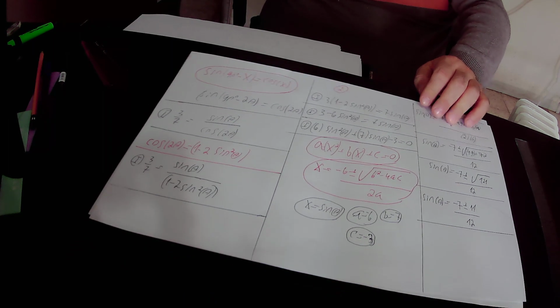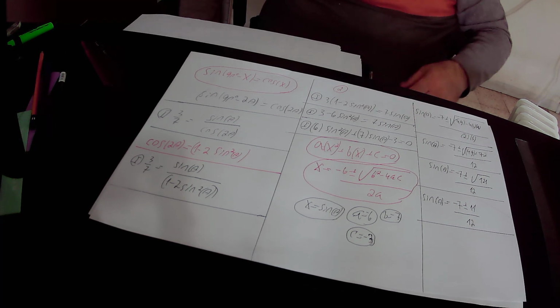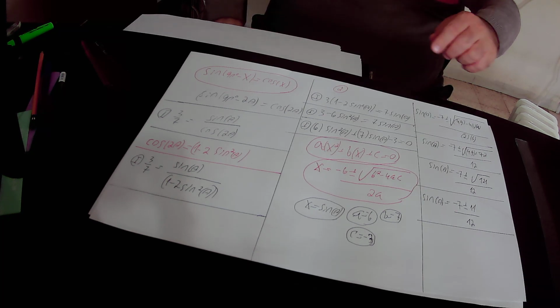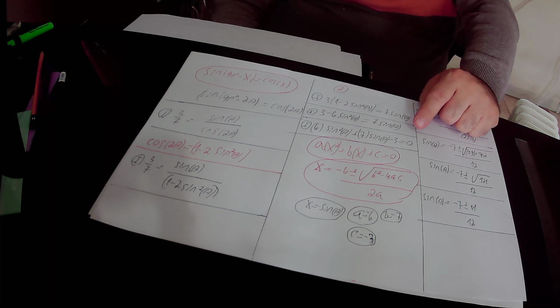Here we added 6 sine squared theta and subtracted 3, and we got the quadratic equation that states 6 sine squared theta plus 7 sine theta minus 3 equals 0.